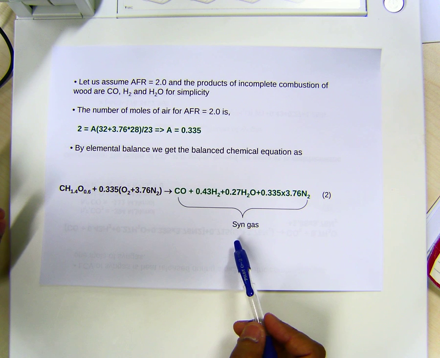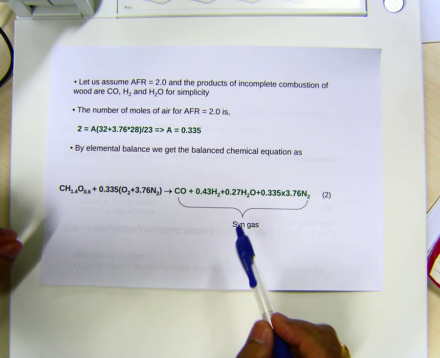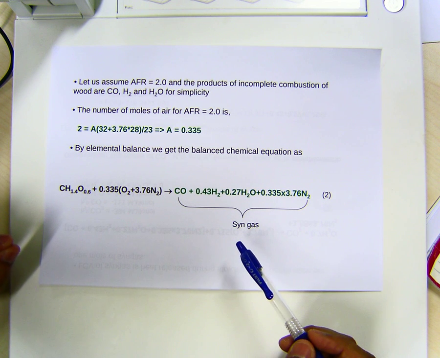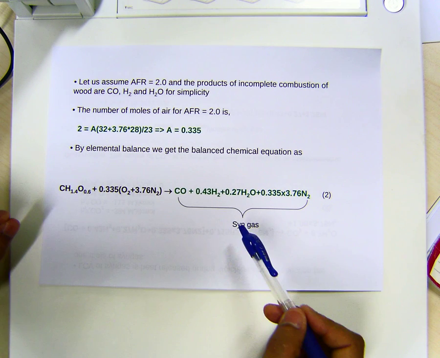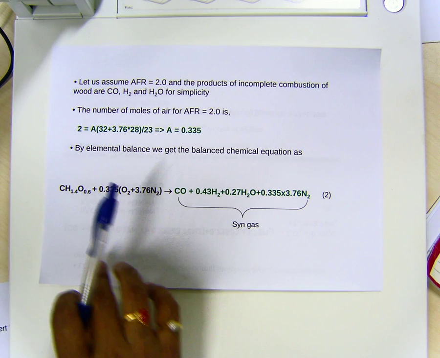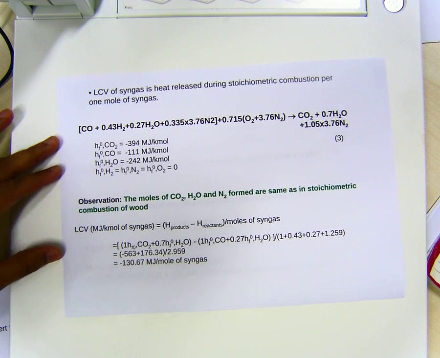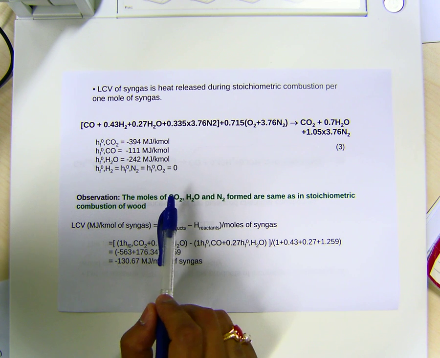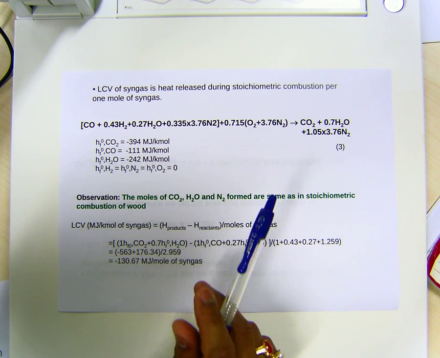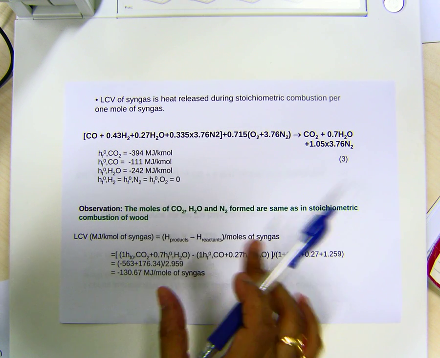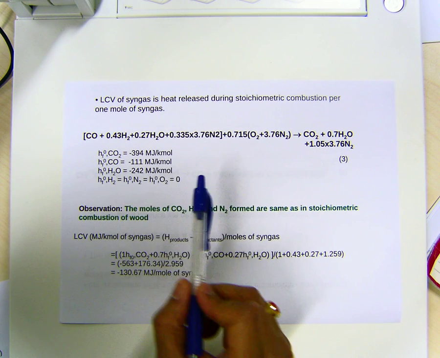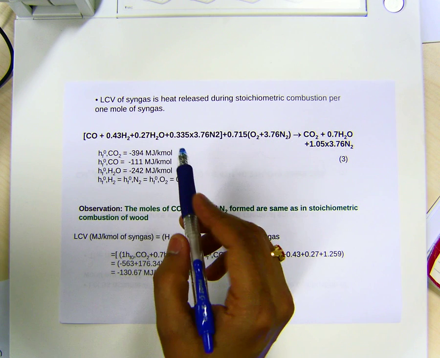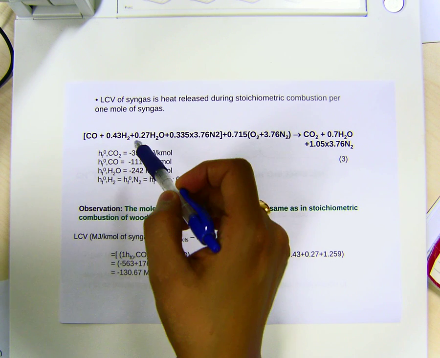Now our task is calculating the lower calorific value of this particular gas, which has some heat value. Again, the LCV of any fuel involves stoichiometric combustion of that particular fuel. Here we are going to find the LCV of syngas, so we need to consider stoichiometric combustion of syngas.